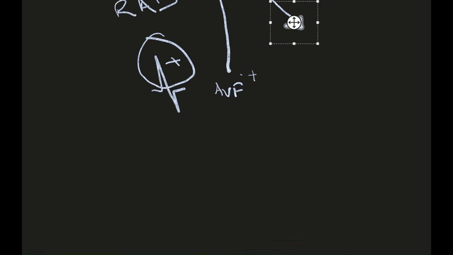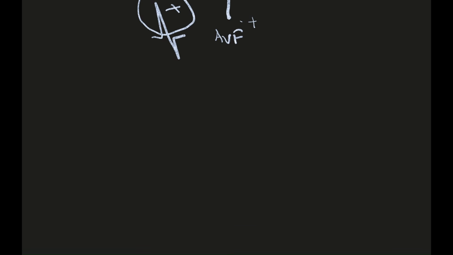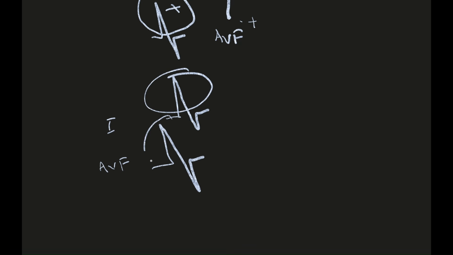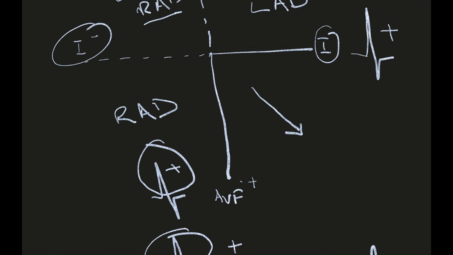So, in a normal ECG with a normal pattern of the axis, in both lead 1 and AVF, the QRS complex will be positive in them. There will be a huge positive deflection. They both will be positive. This is normal.